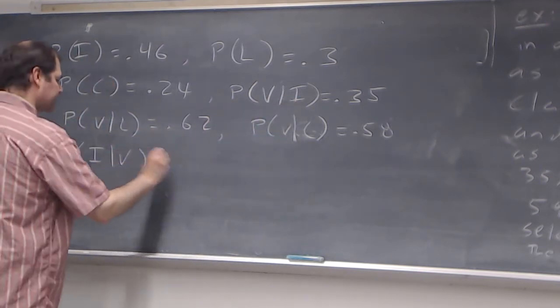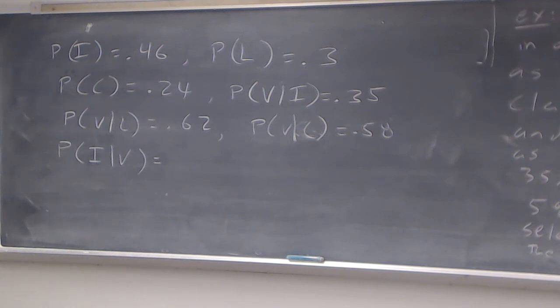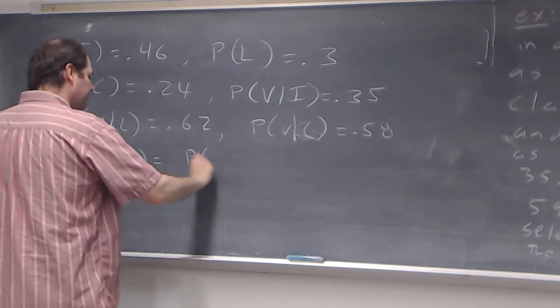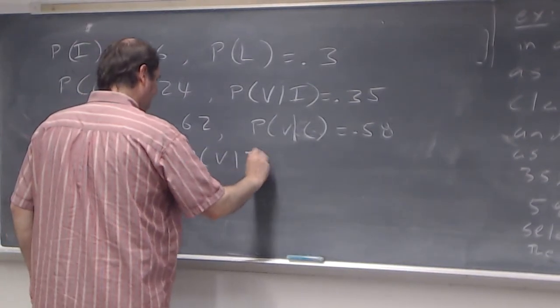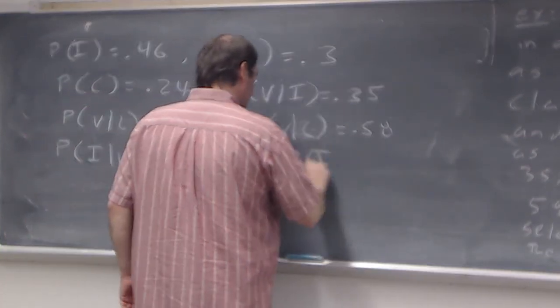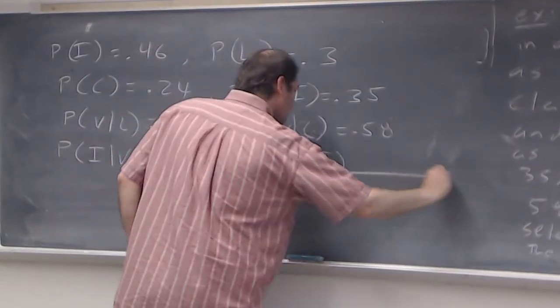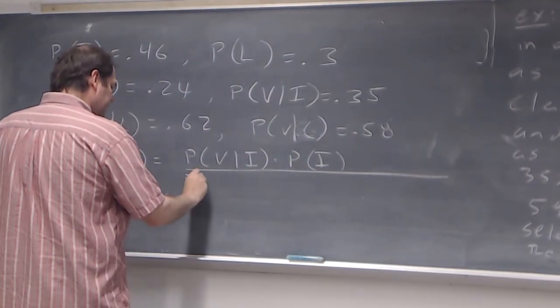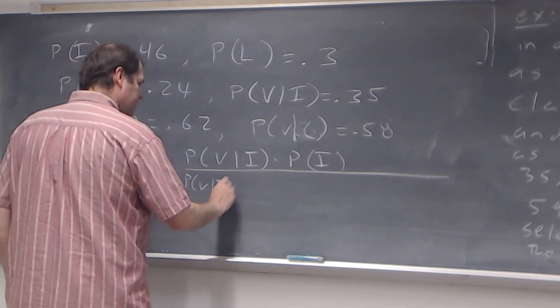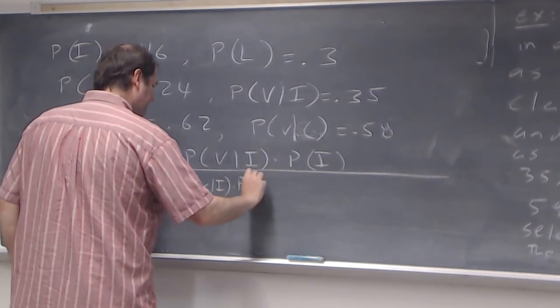So here's the answer in terms of Bayes' theorem's extension. This should be equal to the probability of voter given independent times the probability of independent, all over the probability of voter given independent times the probability of independent.